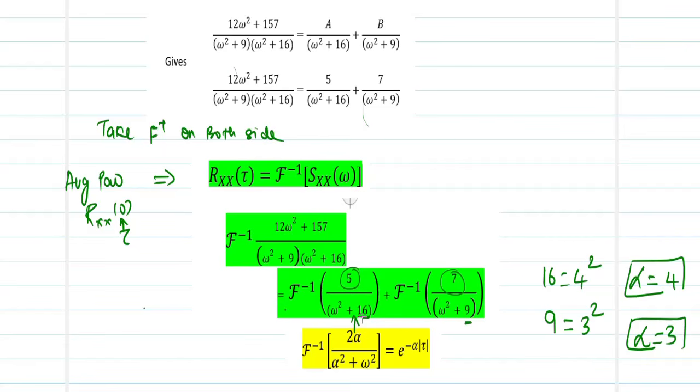So for the first case I will write 4 square and for the second factor 3 square. After taking out 5 and 7 outside, I will have to balance my numerator with 2 alpha. What will be 2 alpha for my first factor? 2 into 4, so I need 8 here. So I multiply and divide by 8 for my first factor. For the second factor, alpha is 3, so 2 into 3 is 6. 6 is required, so I multiply and divide by 6 in my second factor.